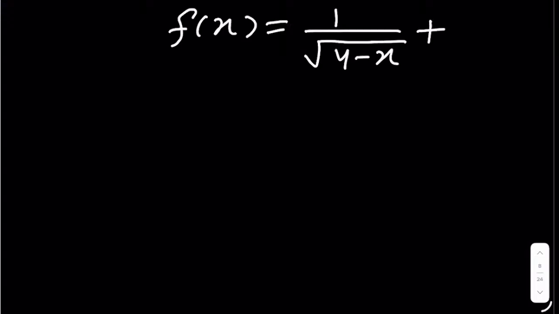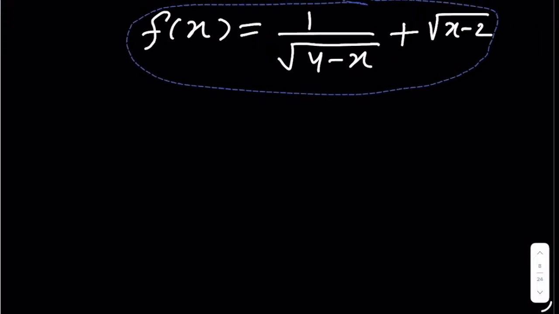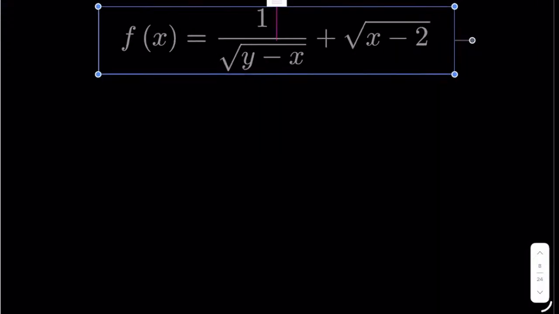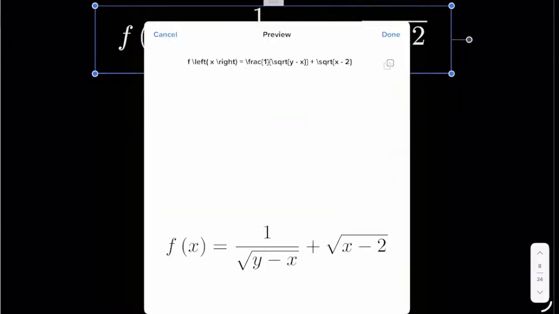f of x is equal to 1 upon under root 4 minus x plus under root x minus 2. Our target: find out the domain of the given function.